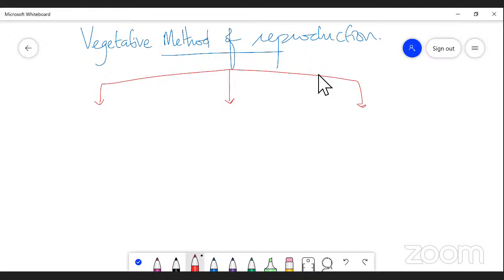So first of all, let me take the vegetative parts of the plant. What are the vegetative parts of the plant? The first category is root, and the second category is stem.